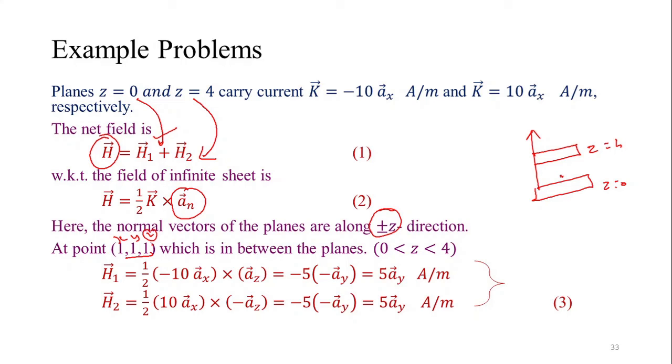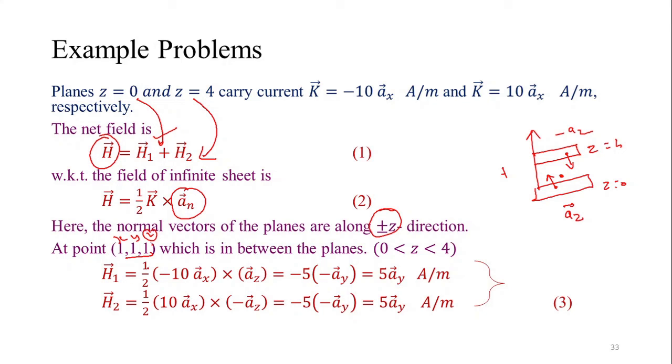If this is the observation point, the vector from the lower plane is upward, along positive z direction, and from the top one it is along negative z direction. So a_n for z equal 0 is a_z, and for z equal to 4 it is minus a_z. Just substitute the a_n values in equation 2.